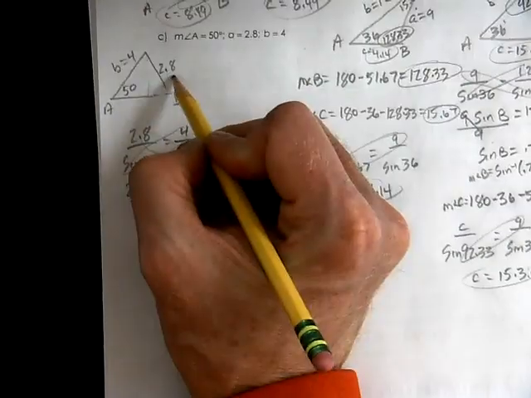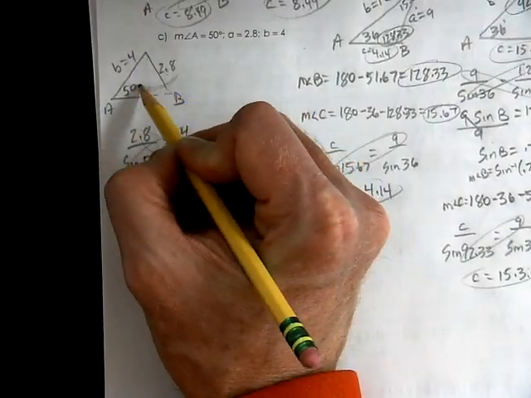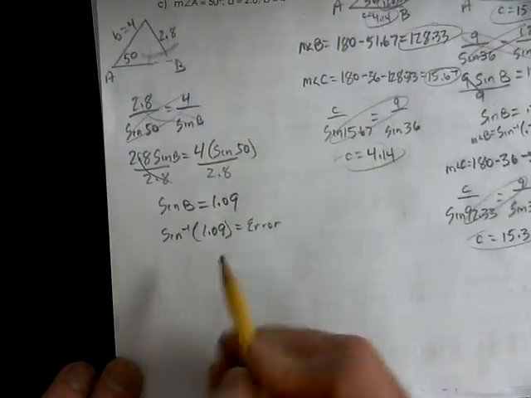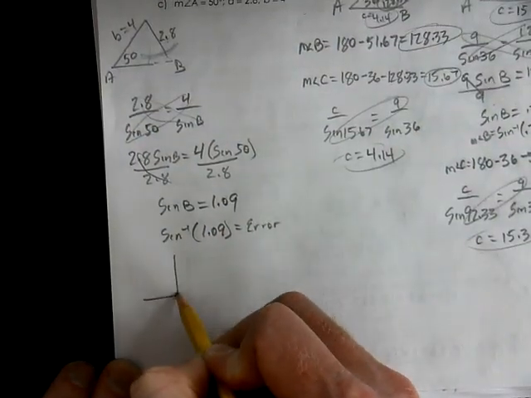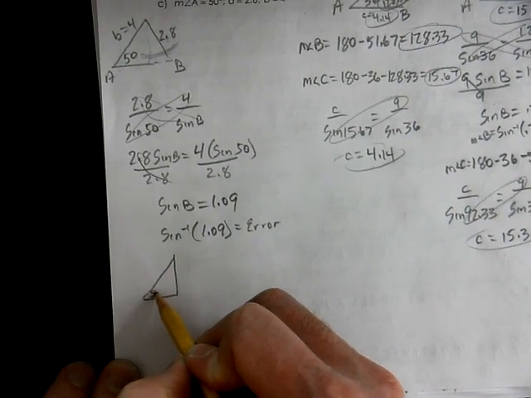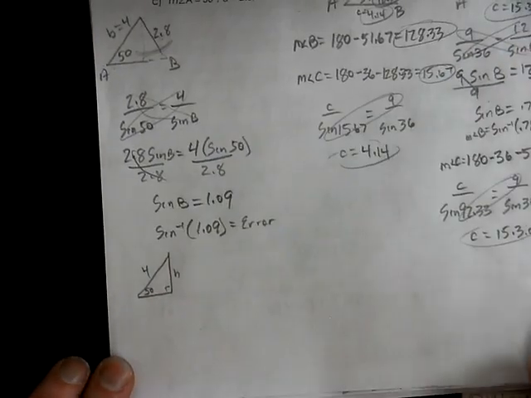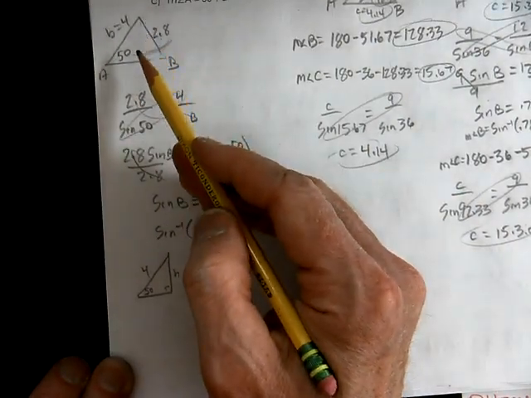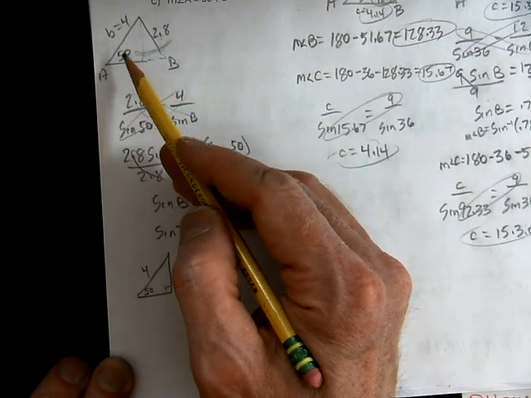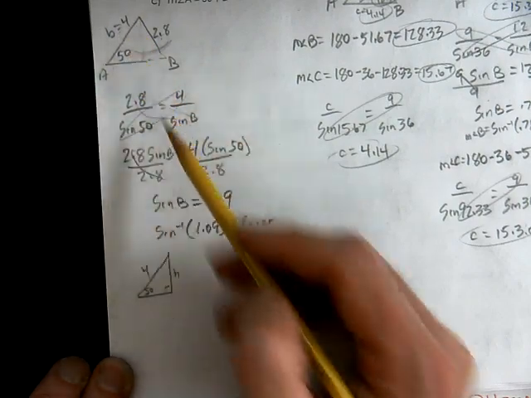What that's telling us is that this doesn't even touch the ground. If you wanted to think about it as the height, just to confirm what we're dealing with, we have a height that we're going to try to calculate. We have an angle of 50 and a hypotenuse of 4.